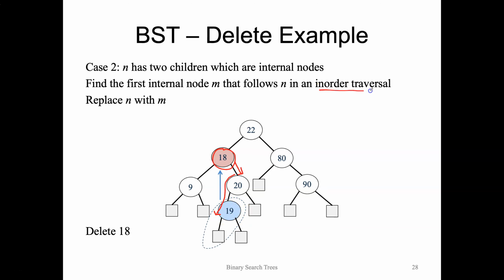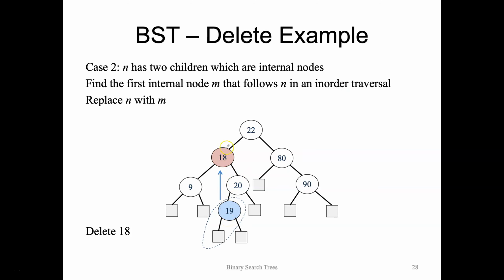Following an in-order traversal, remember, is an ascending order of elements, so the next node in an in-order traversal that stores a key will be the next smallest item. So of all of the items in this tree, if we start with 18, the next item, which is larger than 18, is 19. This is always just the next node that would come in an in-order traversal.